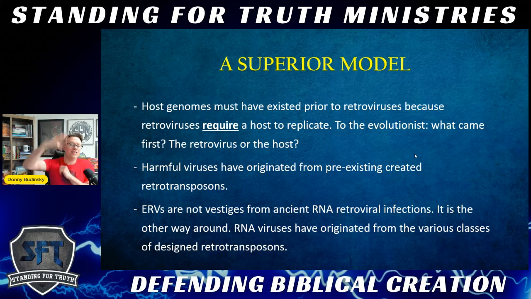Okay. God has that knowledge that Adam and Eve are going to sin, that the fall is going to take place. And so having adaptive mechanisms built in to the genomes of living organisms is good design. In the same way that engineers that build and design cars, they design cars with what? A spare tire. If you had the evolutionist mindset, you'd look at a spare tire on a new car and say, what is this doing here? This is junk. This is useless. What am I going to use an extra tire for?